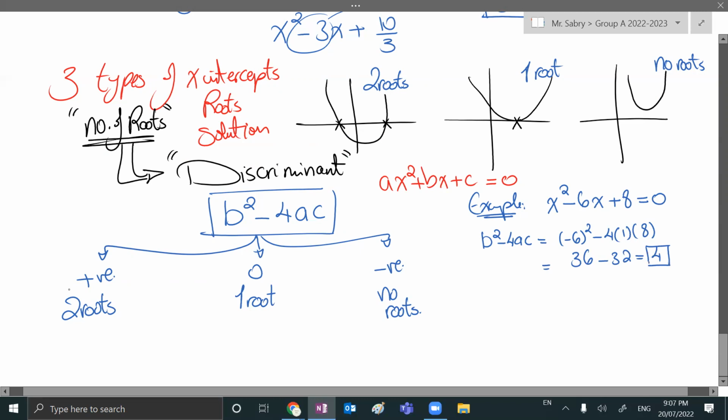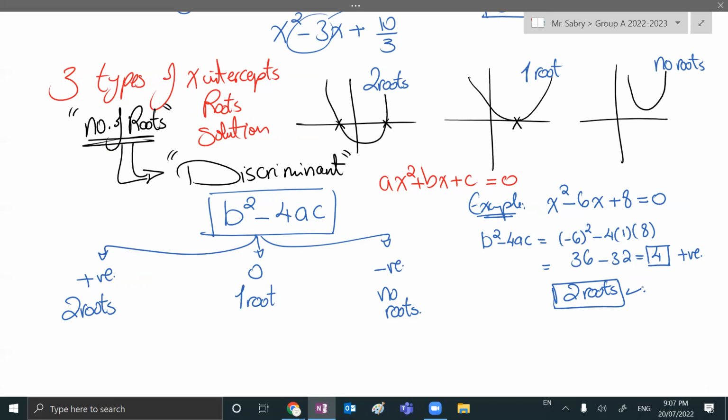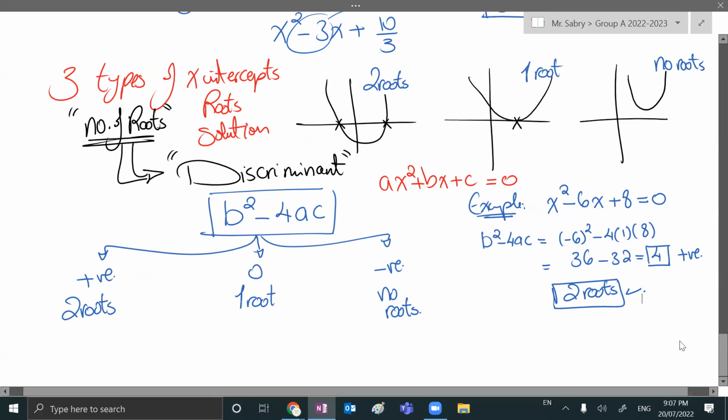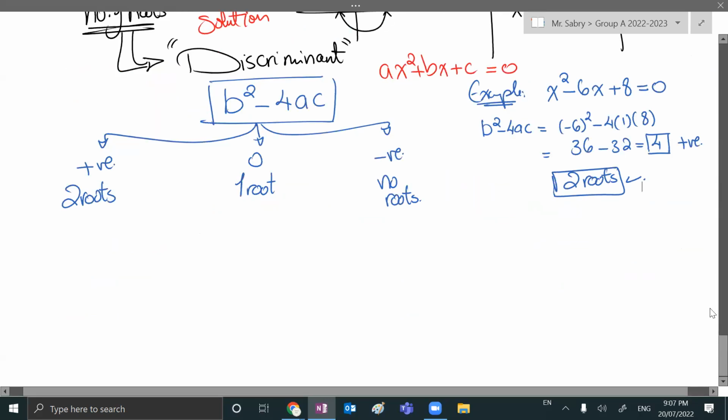Now, is this 4 positive or 0 or negative? This is a positive number. Since it came out as a positive number, this means this function has 2 roots. I don't know what the roots are, but I know that there are 2 roots using this method. Does that make sense? Yes, no? Okay, fine. Good.